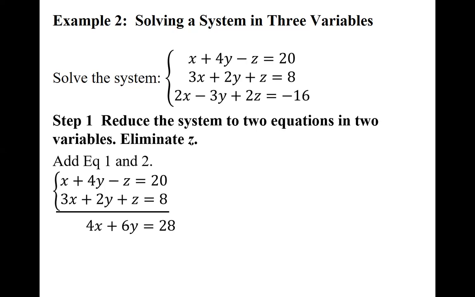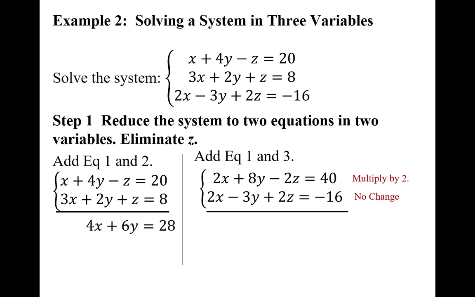Now we want to take care of equations 1 and 3. In order to get rid of the z, since we have a plus 2z in the third equation and a minus z in the first, we can multiply equation 1 by 2, which will give us a minus 2z here, which will cancel with the plus 2z.